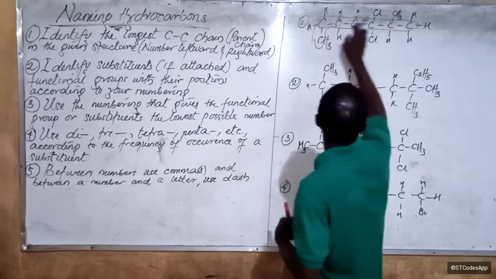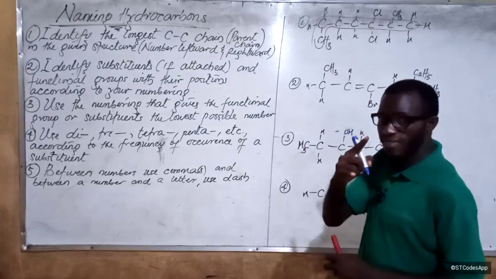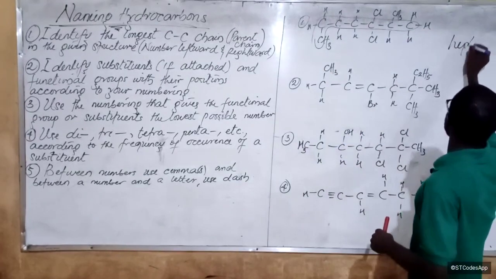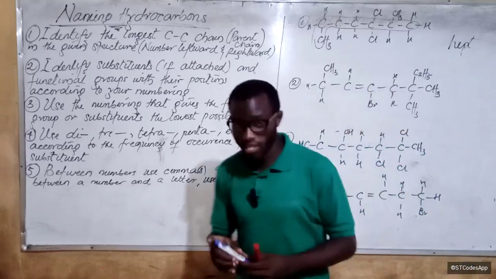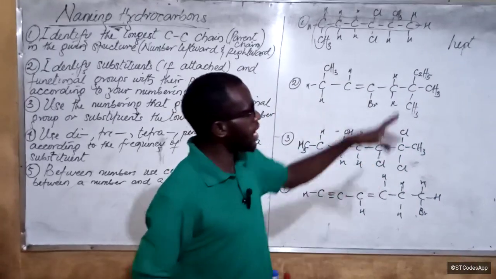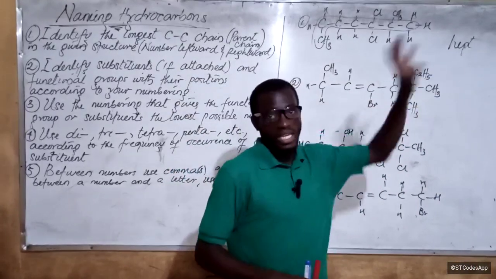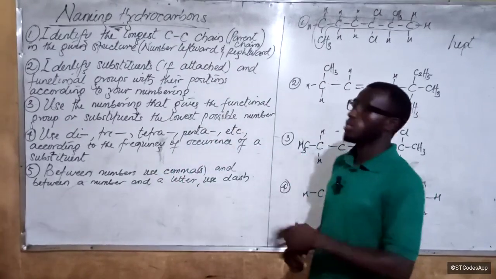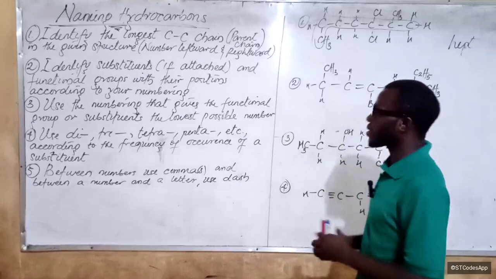So we have 1, 2, 3, 4, 5, 6, 7. Having identified that the longest chain is 7, we have hept. So you see what I did? Having identified that it was 7 carbons, I wrote hept there, as it is going to be like the surname, kind of.